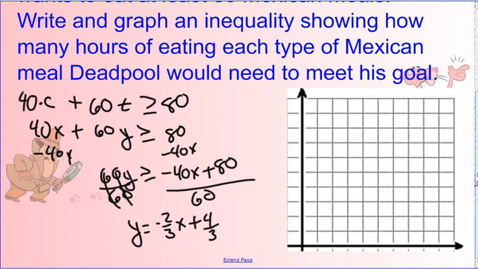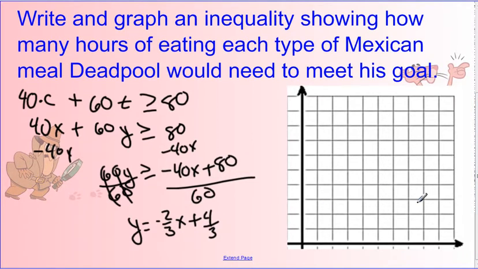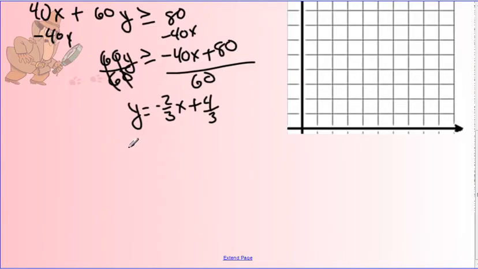And these decimals are going to be a little bit easier to graph, as decimals instead of fractions. So on a calculator, y equals a negative 0.6 repeating x, plus 4/3 is 1.3 repeating.